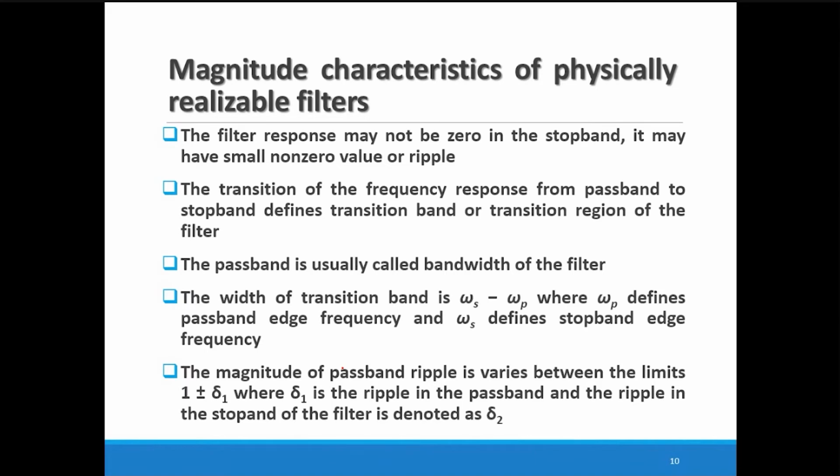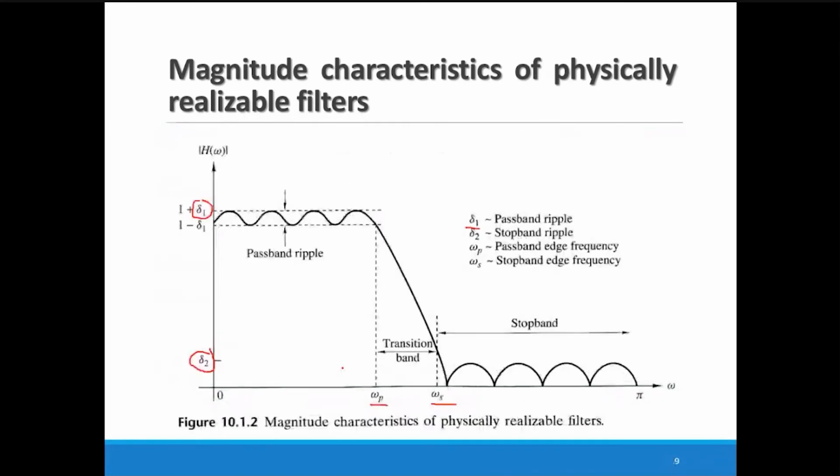The pass band is usually called the bandwidth of the filter. So whatever pass band we have mentioned here, that is 0 to omega p, is known as the bandwidth of that particular filter. So when anybody says this is the bandwidth of the filter, you have to understand that for this low pass filter it is 0 to omega c or omega p, the pass band.